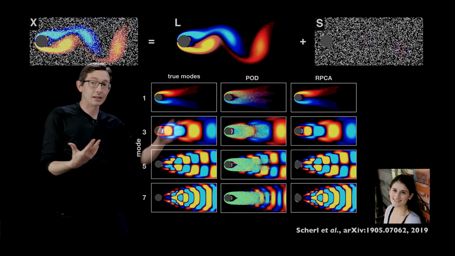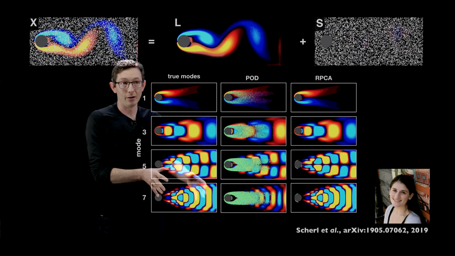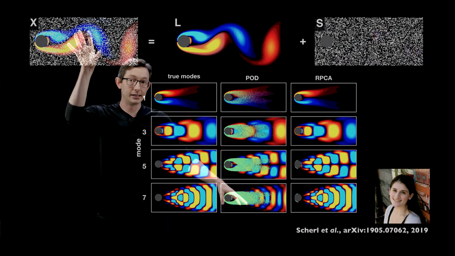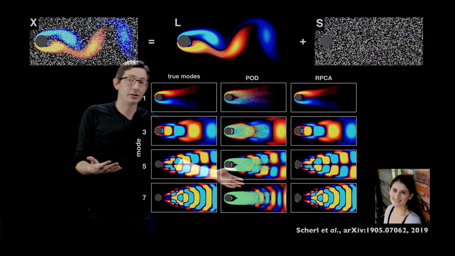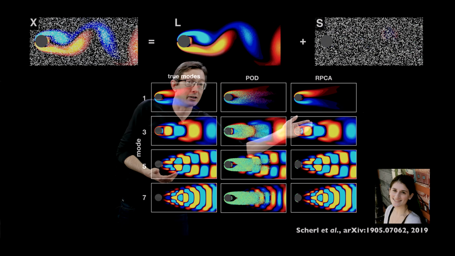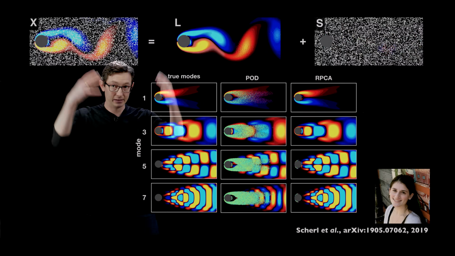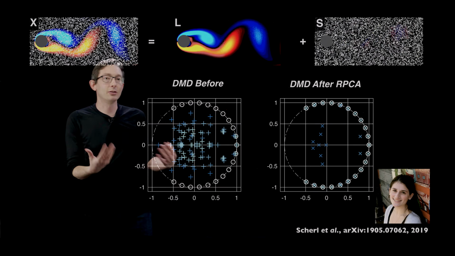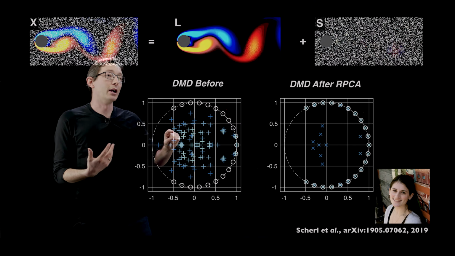And so you can then compute the principal components or the POD modes. So the true modes, this is POD on the noisy data. This is robust principal components analysis. And what Isabel showed is that you get a much, much better decomposition of your flow when you run this robustifying technique.